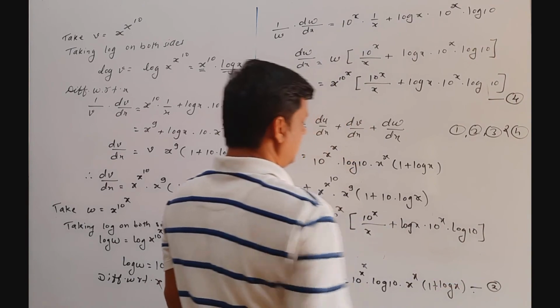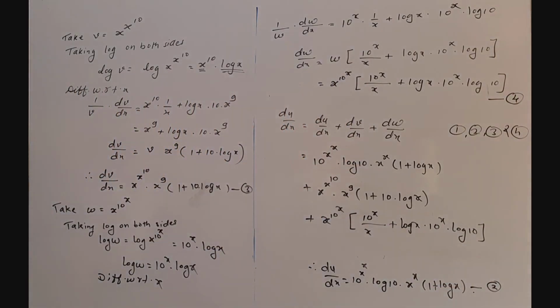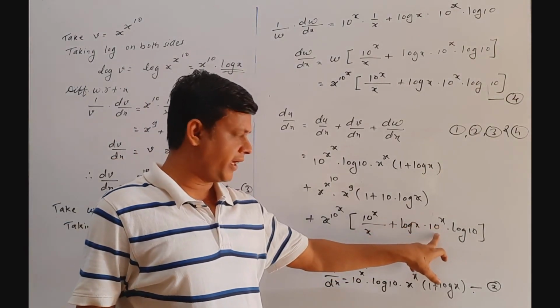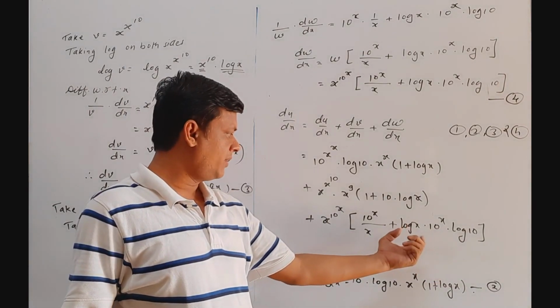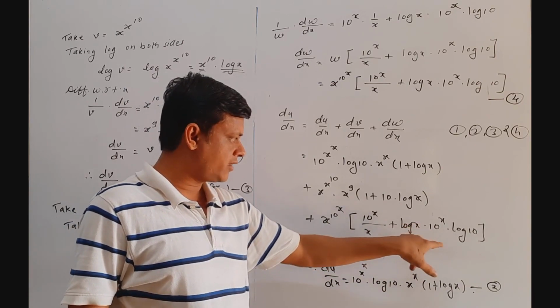So in this way we find the derivative of the given function. Here you can take 10 raised to the power x common from this last term. So you can write in the next step, taking 10 raised to the power x common from this.